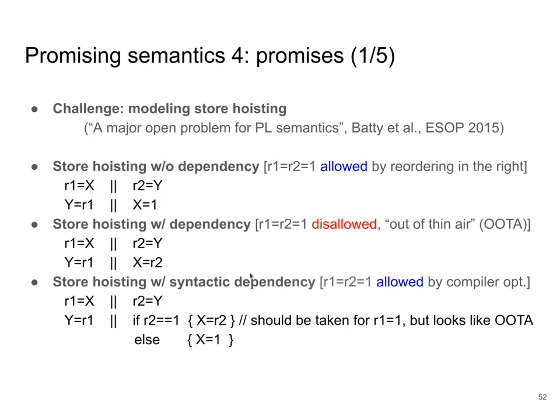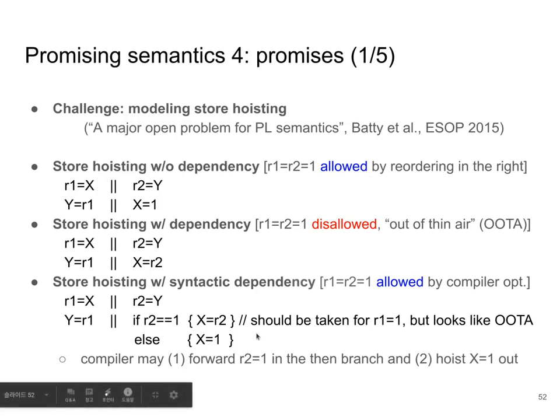So this else x equals 1 plays a key role here. Let me explain why this should be allowed in any plausible, any sane semantics for programming language concurrency. First of all, the compiler may forward R2 equals 1 in the then branch.